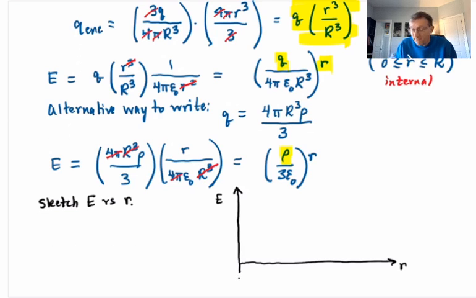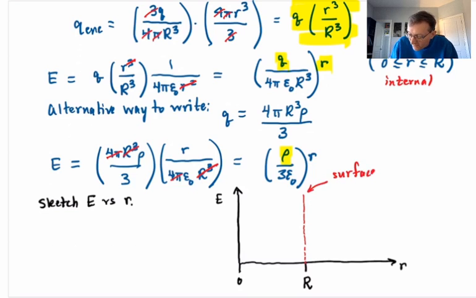Little r starts at 0 and goes on forever. But one important tick mark on the radial axis is the point that represents the surface of the solid, big R, because that's where you transition. That's the surface of the solid.